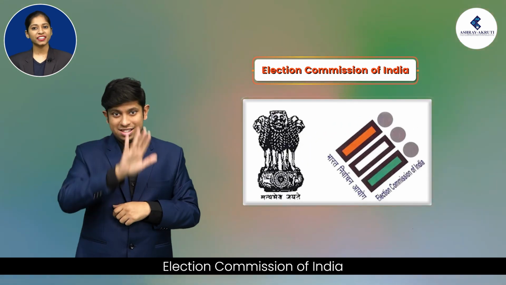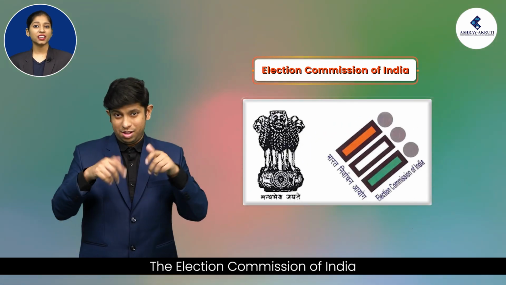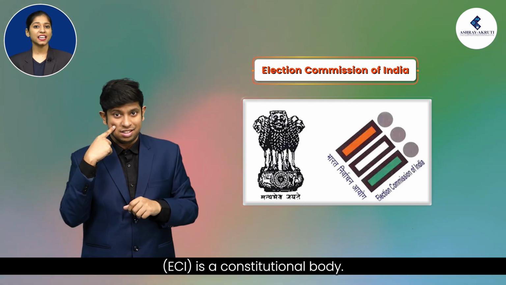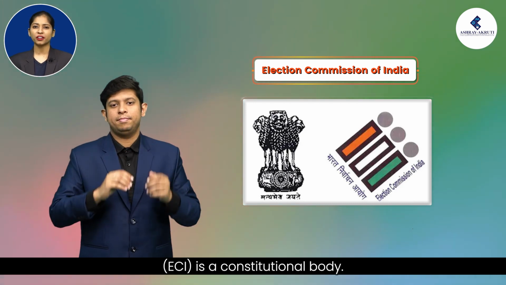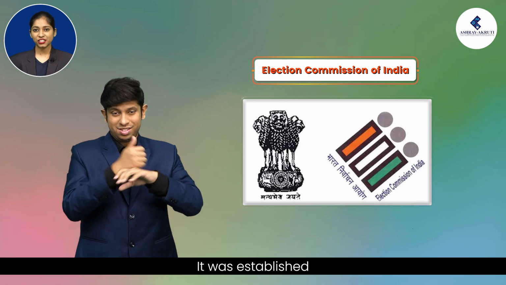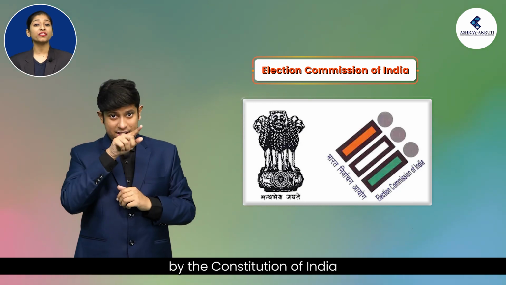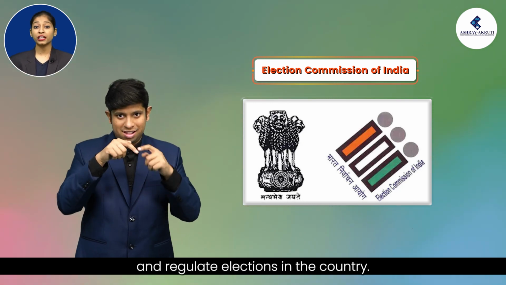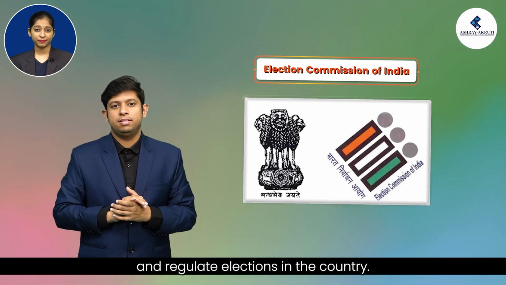Election Commission of India. The Election Commission of India, ECI, is a constitutional body. It was established by the Constitution of India to conduct and regulate elections in the country.